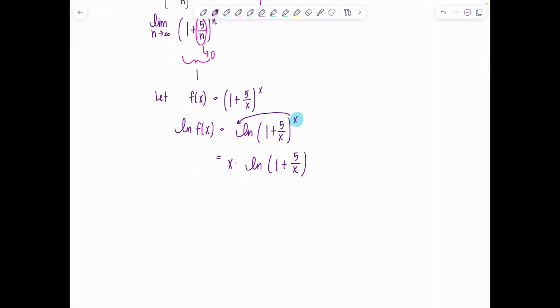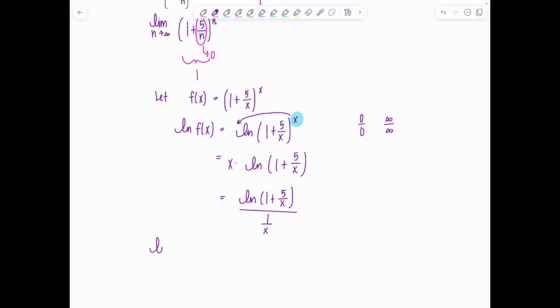And then the whole point, remember, if we're going to use L'Hopital's rule, we have to have an indeterminate form of the type 0 over 0 or infinity over infinity, meaning we need to make this thing a fraction somehow. So never move the natural log. Write that down. Never move the natural log, move the other term to be in the denominator. So we've got natural log of 1 plus 5 over x, over 1 over x.